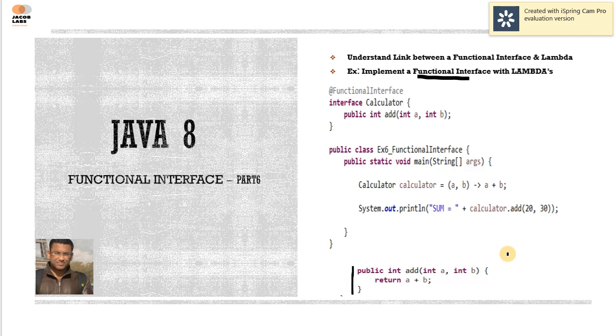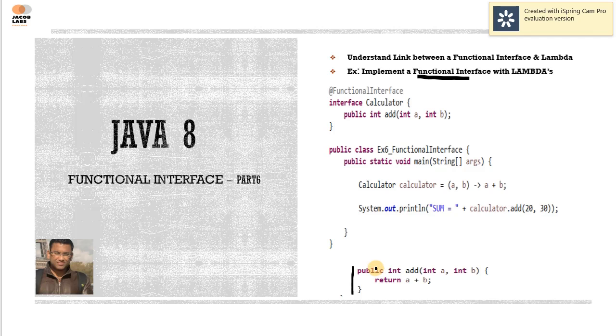Just to recap, rule number 1 was that we have to remove the access modifier, the return type, the method name, and add the arrow sign between the parameter list and the method body. So let's apply those rules one by one.